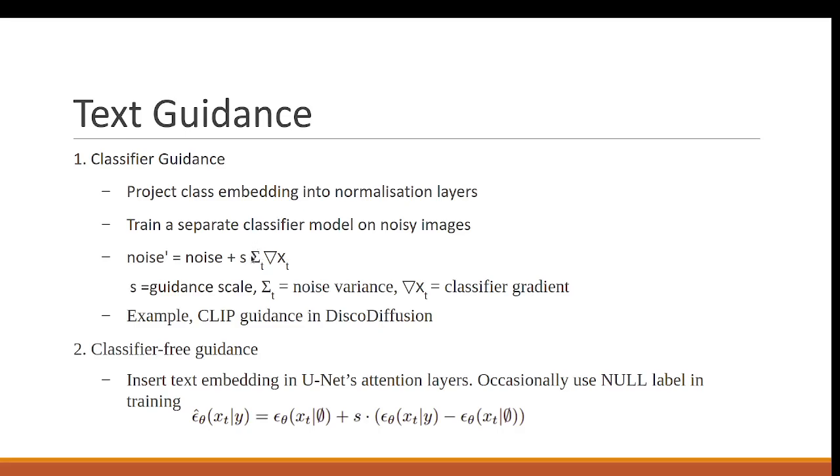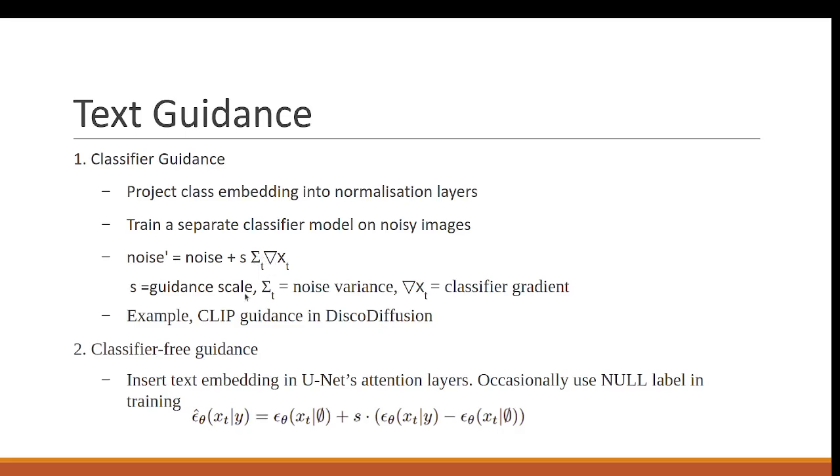And then this is the noise variance schedule for that time step, and this one is the guidance scale. We can see that the guidance scale acts as a weight for how much we want to emphasize the class information.